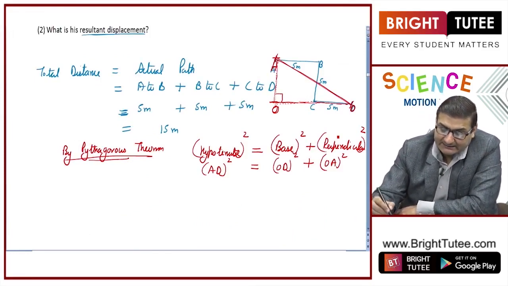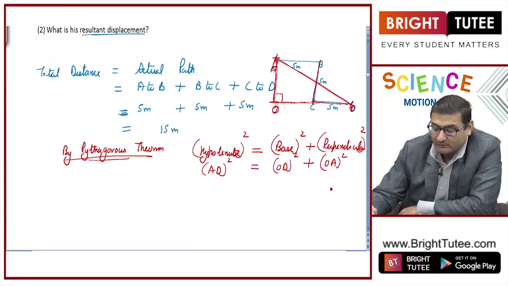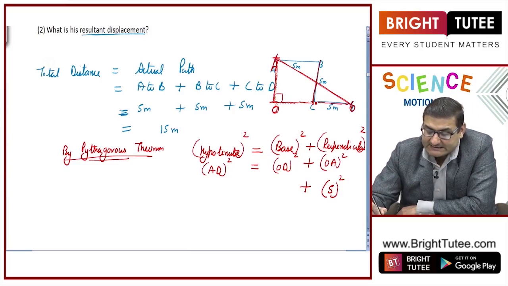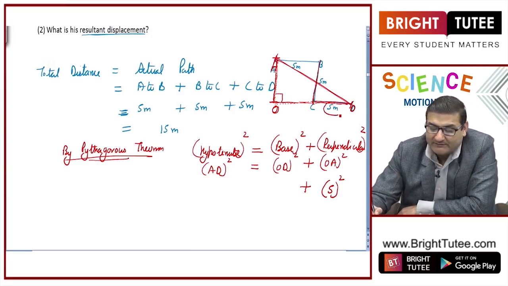If we relate, then this OA is equal to BC, and if this BC is 5 meters, this OA I can also write the value to be 5 meters. So I can write 5 instead of OA square, plus now this CD is given to us to be 5.